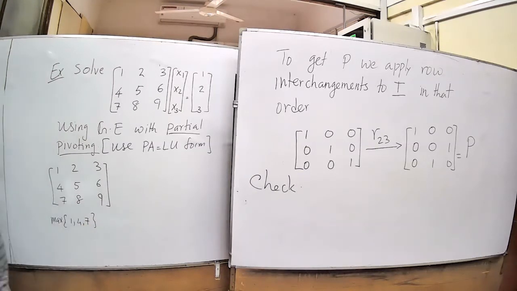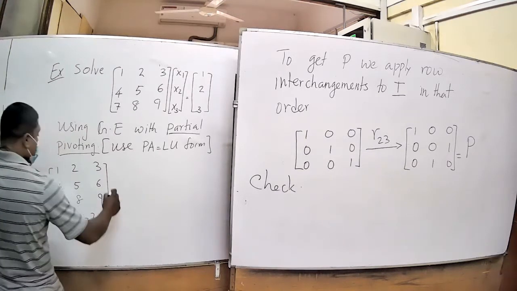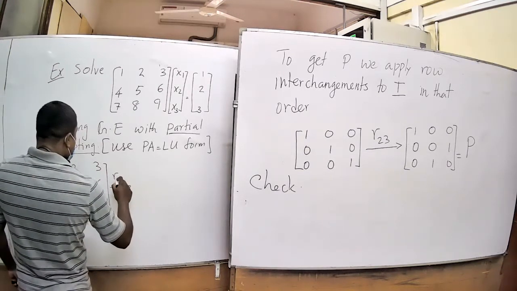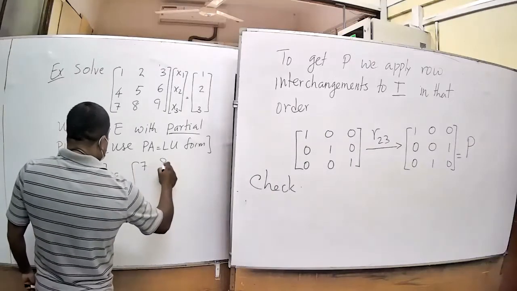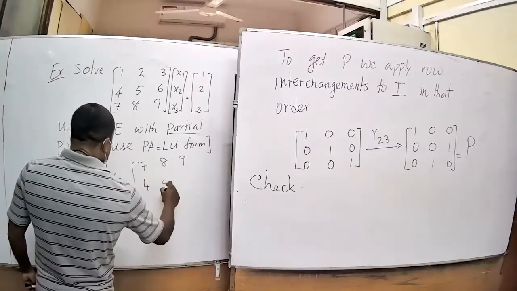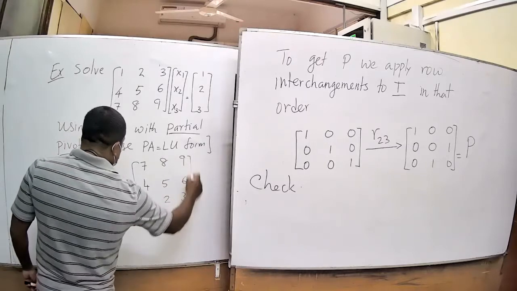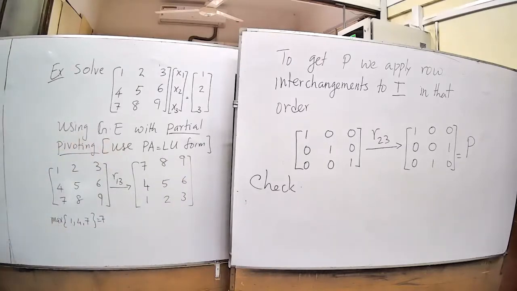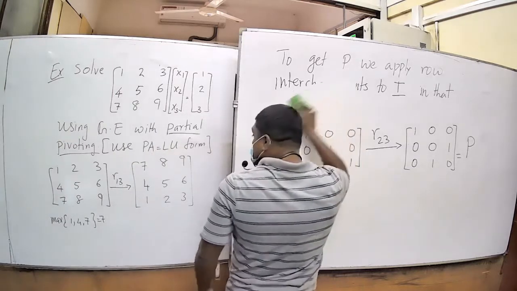Because that is 7, you first interchange the first and third rows. So that is 7, 8, 9, 4, 5, 6, 1, 2, 3. So you interchange the first and third rows. And then what you do is you eliminate.